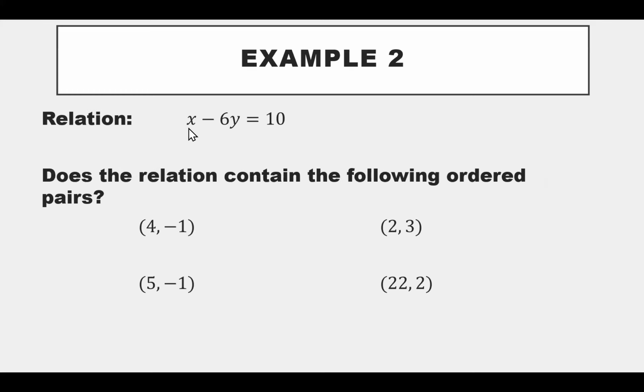So for instance, let's say we have a relation which is x minus 6y is equal to 10. We can ask, does that relation contain the following ordered pairs? That means when you plug those in, do you get a true statement in that equation?